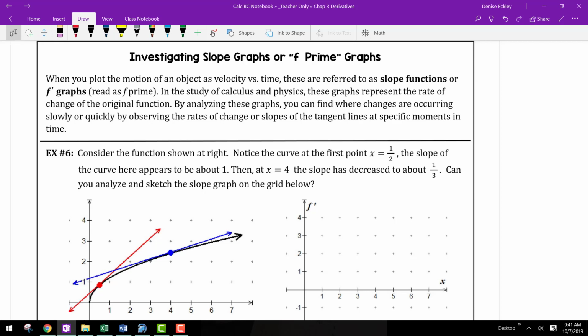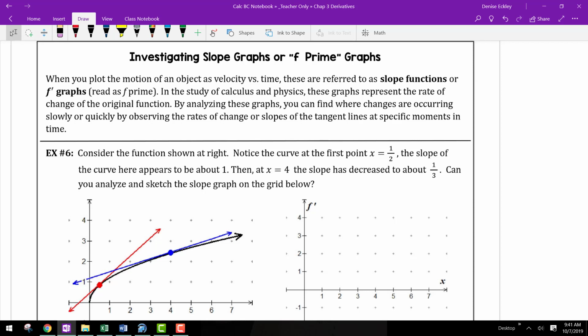These graphs represent the rate of change of the original function. So by analyzing these graphs, you can find where the changes are occurring, whether they're happening slowly or quickly, by looking at how the slope changes of the tangent lines at specific moments in time. So for example 6, it says, consider the function shown below.